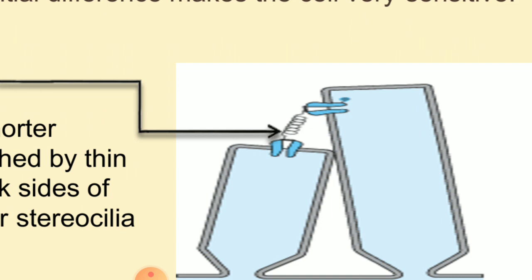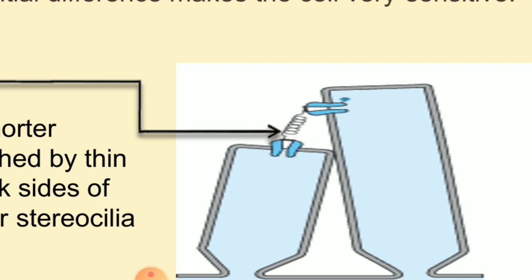That means each of the stereocilia is connected to its adjacent longer one with the help of tip links. Tip links are not just a connection, but are associated with some ion channels which are mechanosensitive. Whenever there is any mechanical stretch, these ion channels get opened up and allow entry of cations like potassium, calcium within the hair cells, leading to depolarization.